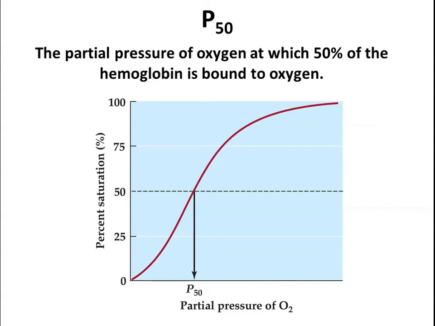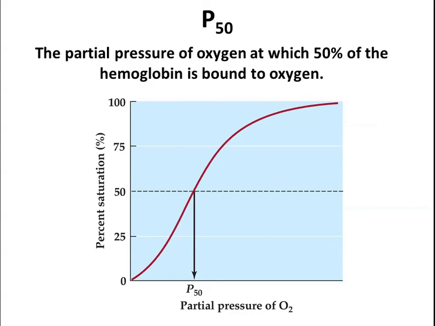Another important feature of the curve is the P50, which is also called the half saturation pressure. And the P50 is defined as the partial pressure of oxygen at which 50% of the hemoglobin is bound to oxygen. And you can also say it's the partial pressure where hemoglobin is 50% saturated.